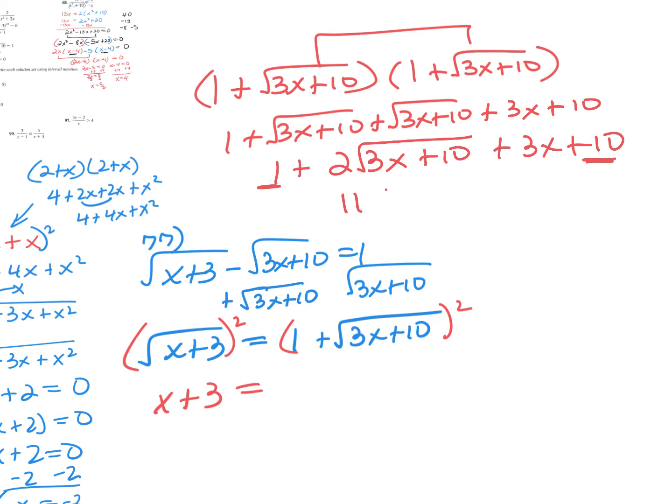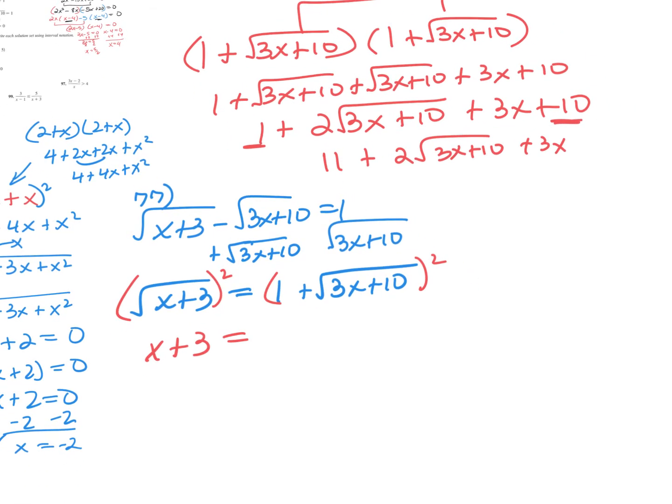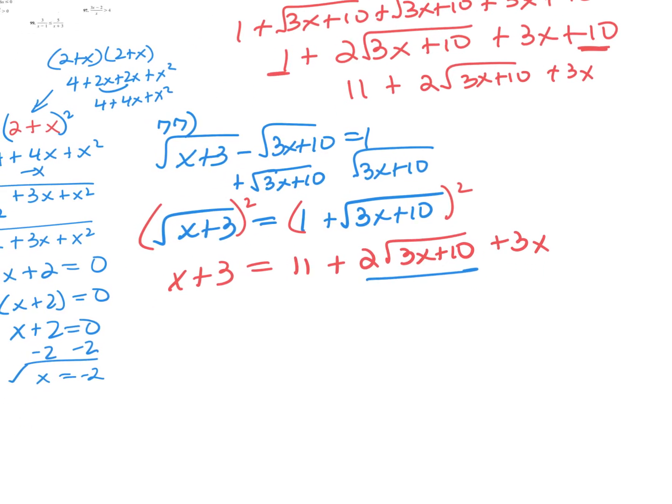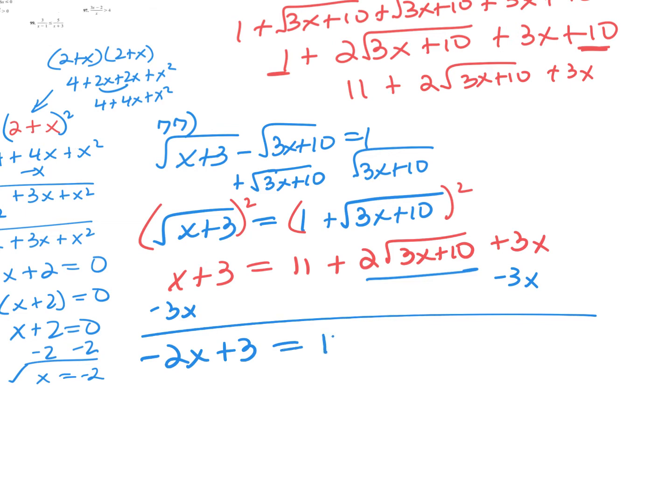I get 11. So this is what I'm going to write down here now. I need to isolate this radical. So the first thing I'm going to do is move the 3x. I get -2x plus 3 equals 11 plus 2 times the square root of 3x plus 10.